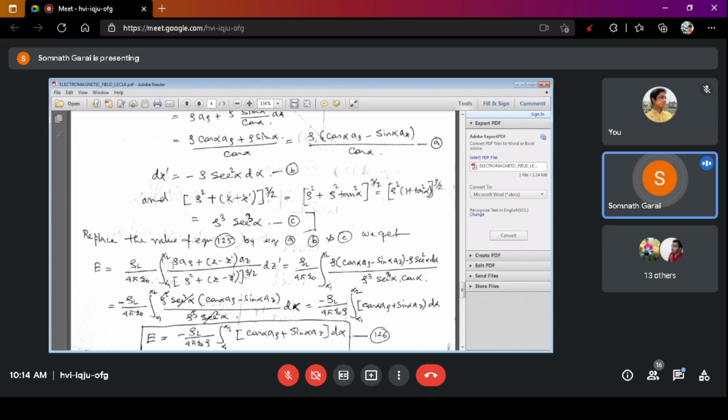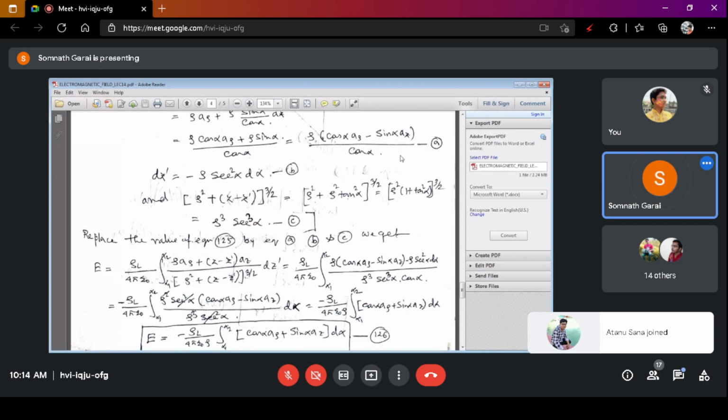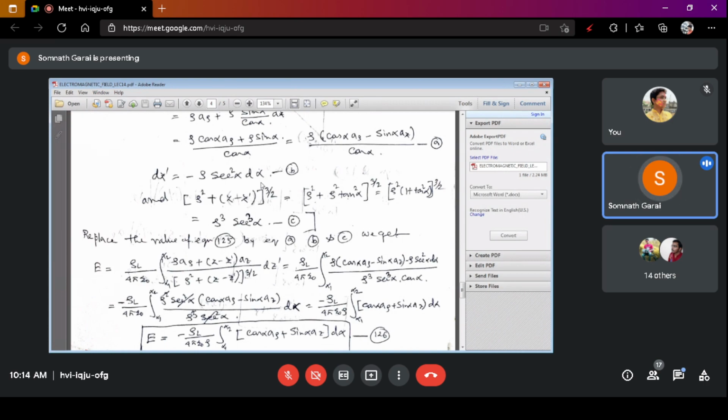So we have to replace this part separately: this part by equation number 1, dz dot by equation number 2, and the denominator part by equation number 3. So equation A is rho cos alpha a rho minus sin alpha az by cos alpha. dz dot is equal to minus rho sec square alpha d alpha. And the last one is C, this part.